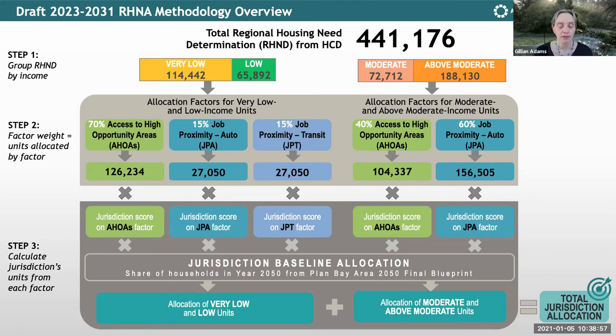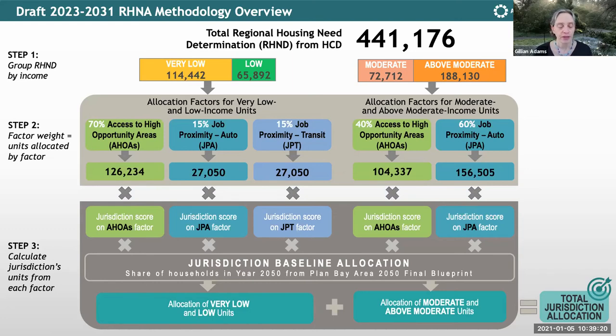The job proximity factors identified the number of jobs that can be accessed from a jurisdiction by a 30-minute auto commute or a 45-minute transit commute. In total, the access to high opportunity areas factor allocates 52% of the region's RHNA, while factors related to job proximity allocate 48% of units.